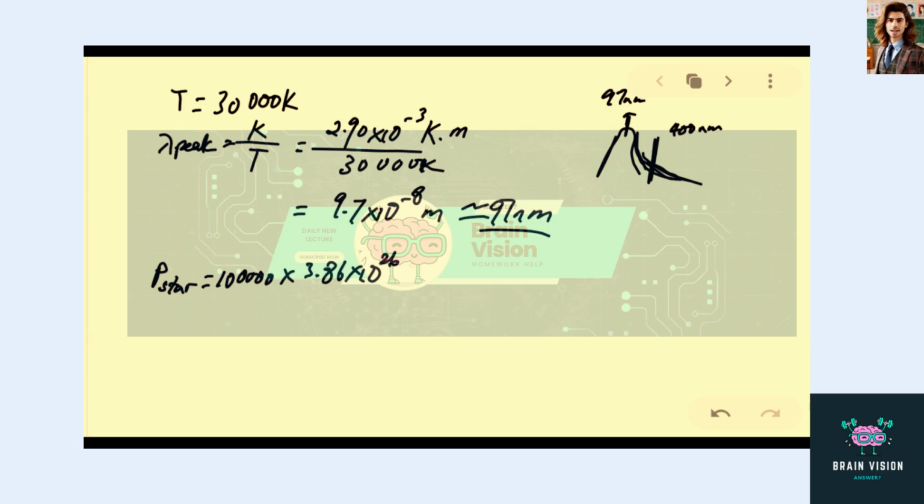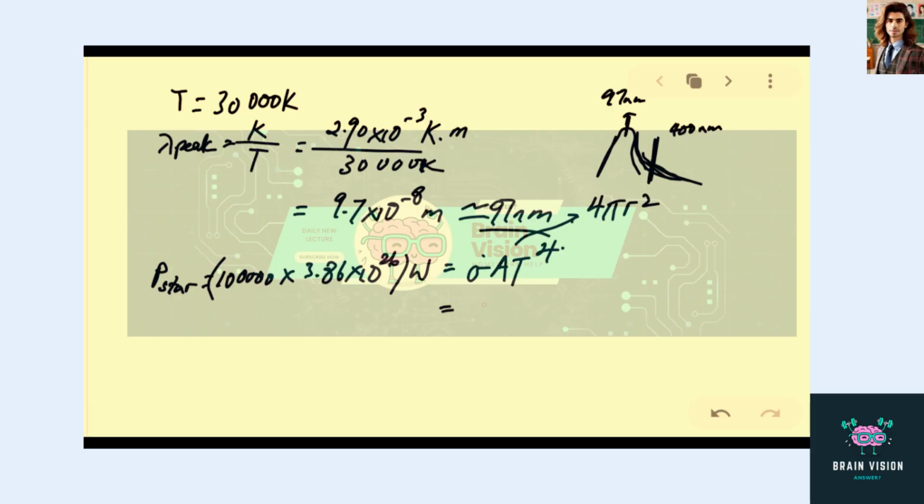By the Stefan-Boltzmann law, this power, in watts, is equal to sigma times the surface area times its temperature to the power of 4. We know its temperature and the constant sigma, the Stefan-Boltzmann constant. We can use that to find the surface area and hence the radius of the star, because the surface area is just 4 pi r squared.